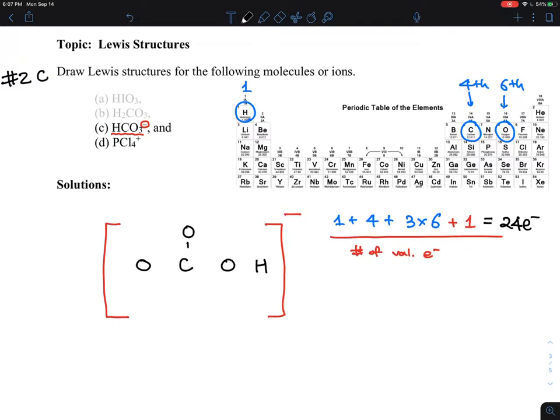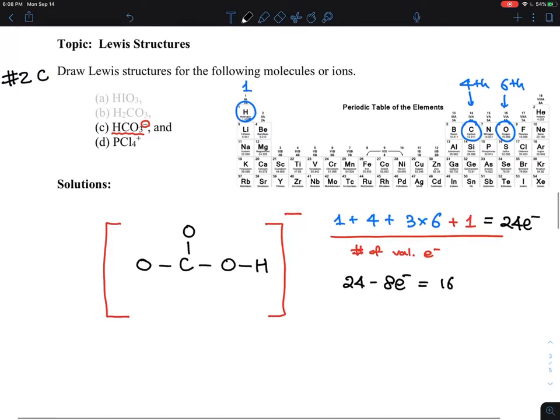And the first thing to do is make the bonds: 1, 2, 3, 4. So I'm going to use 4 bonds. So 24 minus 8 electrons will be 16 electrons.